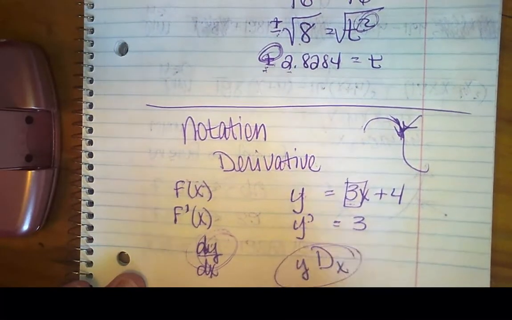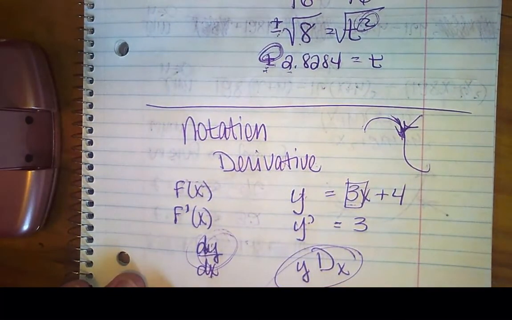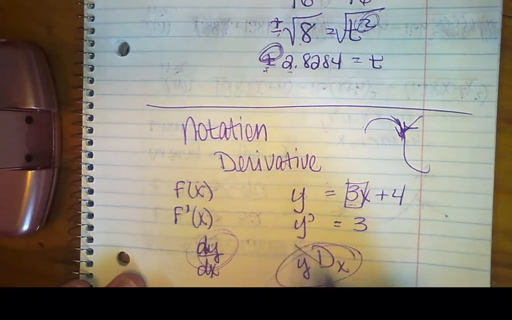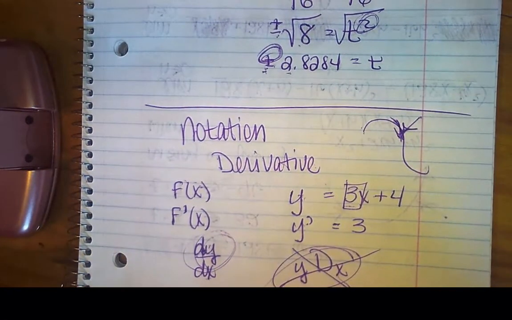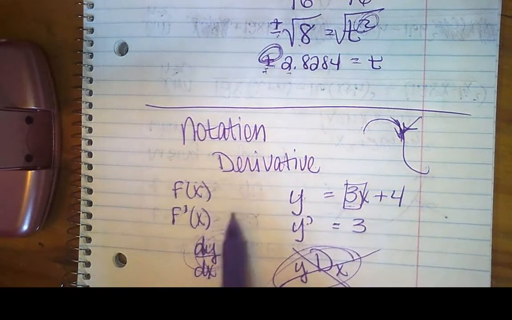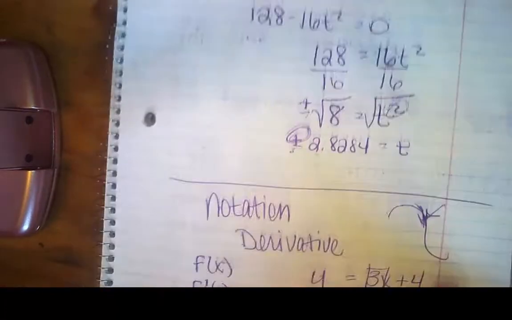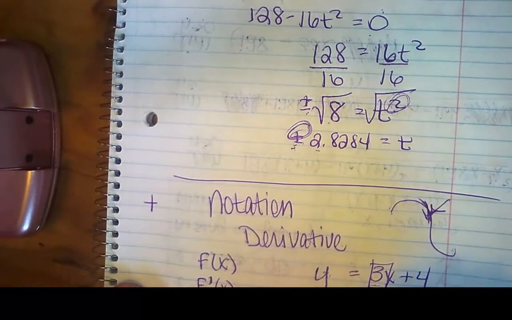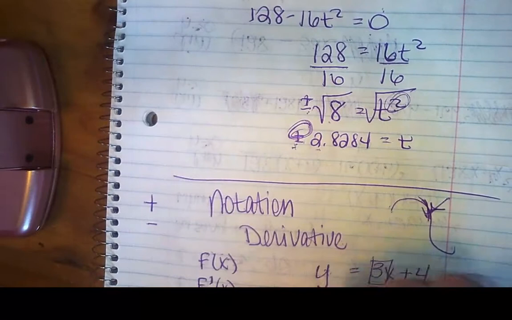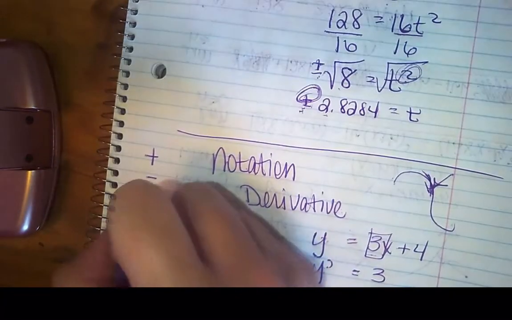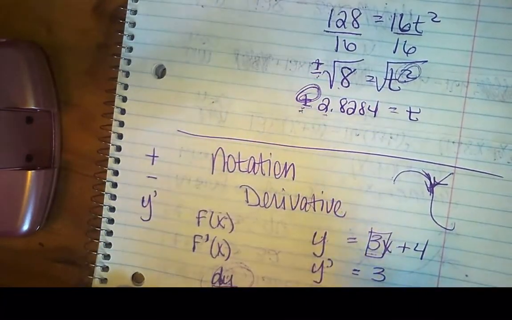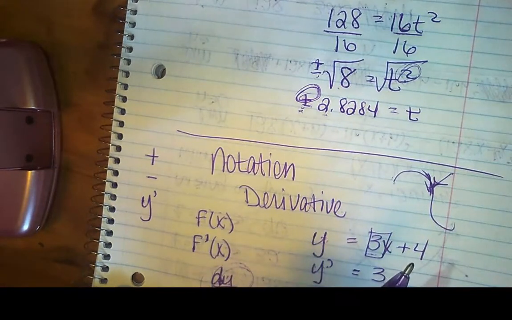And again, I have yet to see that in my discipline. Now, you may see that in physics, you may see that somewhere else, but as far as in math or as far as what we're doing in business calculus, you won't see it here. So just know that that's how we're going to tell you. If I show you that, you know to add. If I see that, you know to subtract. If I say this, you now know, please take the derivative.